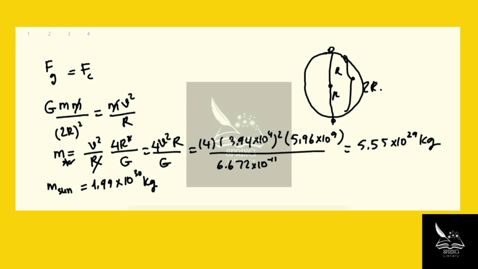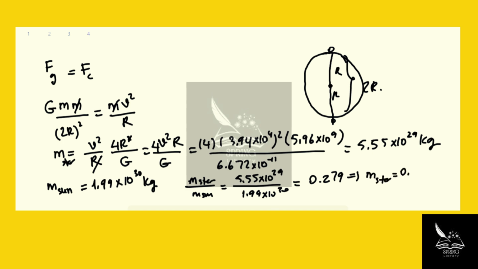And if you want, you can take the ratio. So you can say m star over m sun equals 5.55 times 10 to the power 29 divided by 1.99 times 10 to the power 30. Then we find the ratio to be 0.279. So if you want, you can write the mass of a star in terms of the mass of the sun.